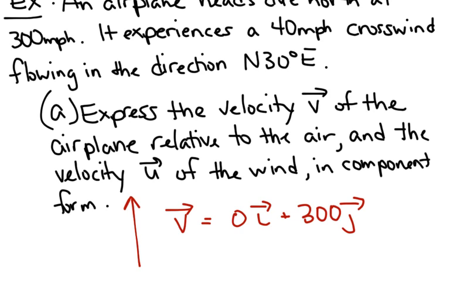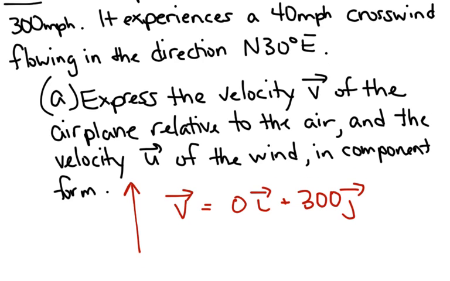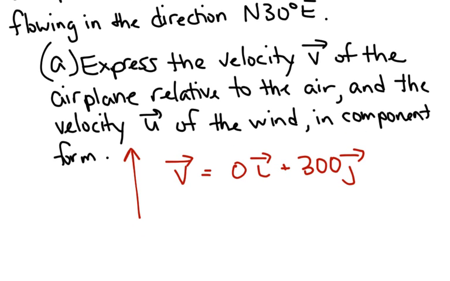It's the wind that we're going to have to do a little bit of work on. The wind is traveling at north 30 degrees east. That means this is 30 degrees. That's how the navigational headings work. Except that when we use theta in our component form, we don't want the angle from the vertical. We want the angle from the horizontal.